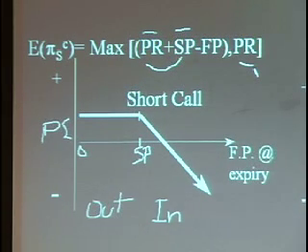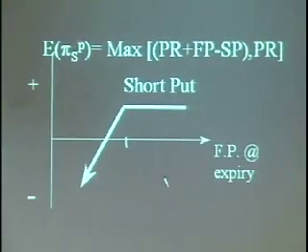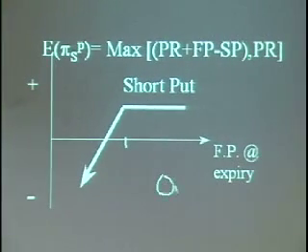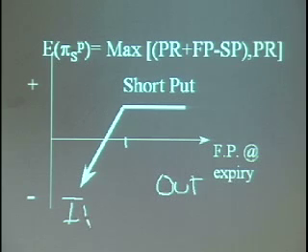If you sell a put, well, again, we're mirror image here. To the right of the strike, the put's out of the money. To the left of the strike, it's in the money. Strike price is right here where it's kinked. The most you can make is the premium, which is this amount.